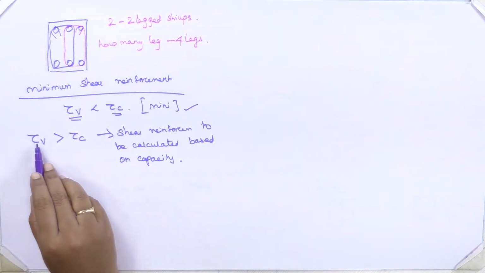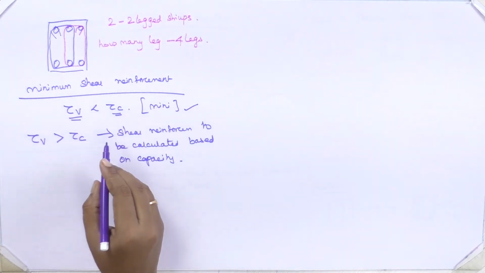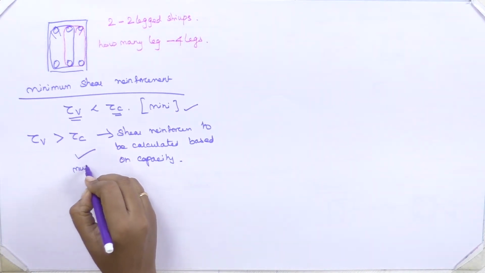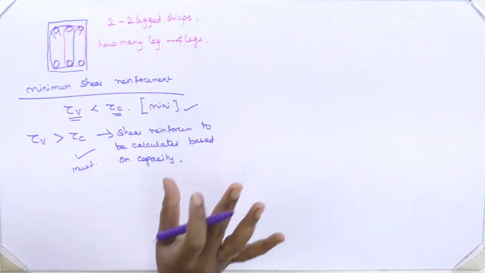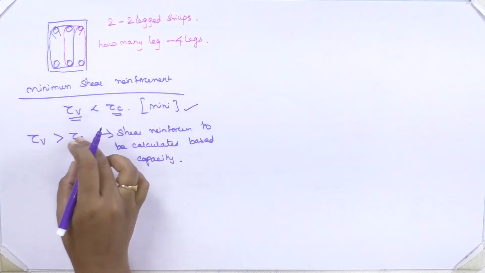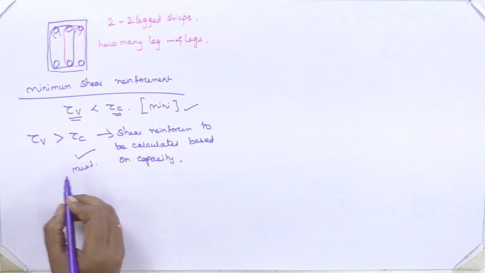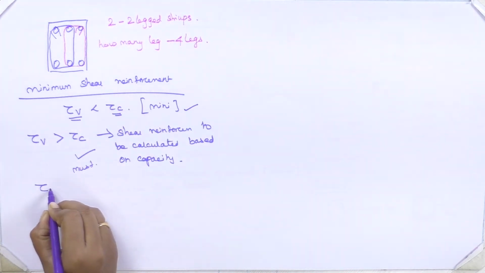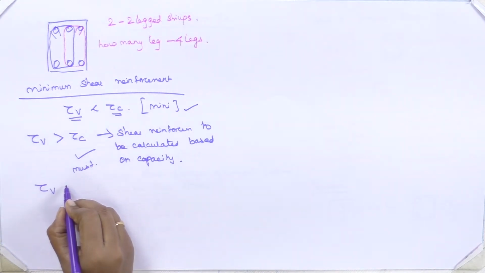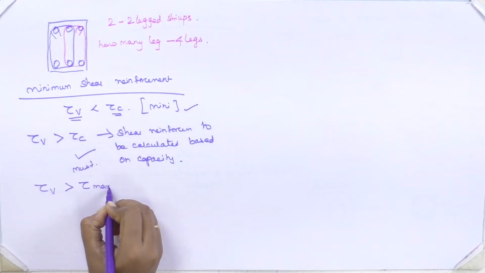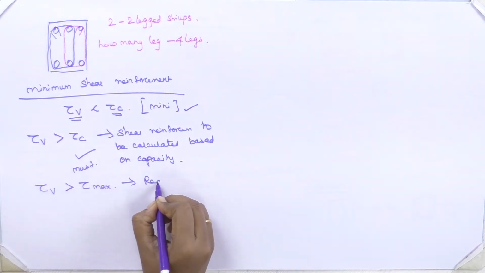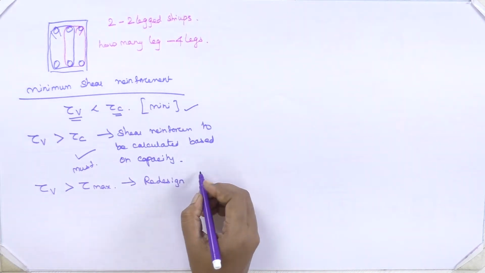When tau V is greater than tau C, you must provide shear reinforcement based on the shear capacity of your section. These two we need to check with tau C max. When tau V is greater than tau C max, redesign your section for shear.